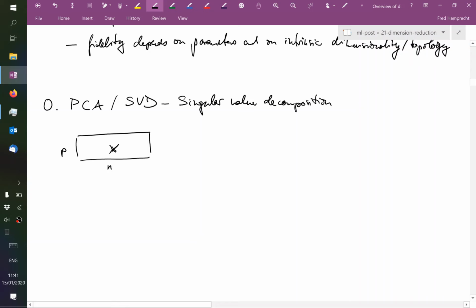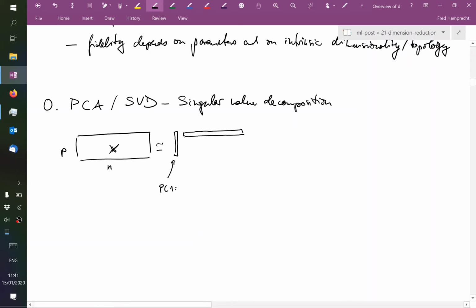And when we were looking for the first principal component, we were effectively looking for a rank 1 approximation. We were saying we are looking for our first principal component, PC1, and then for each observation, I wanted to know how far along this principal component does it lie.